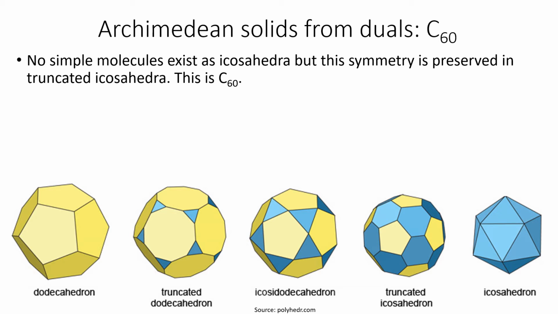We can create that from an icosahedron through this process of truncation. So in other words, it's kind of intermediate between the icosahedron and the dodecahedron. And this is what's illustrated on the screen here. Dodecahedron on the left, icosahedron on the right. And then we've got that truncated icosahedron next door to the icosahedron. This actually is our C60 molecule.